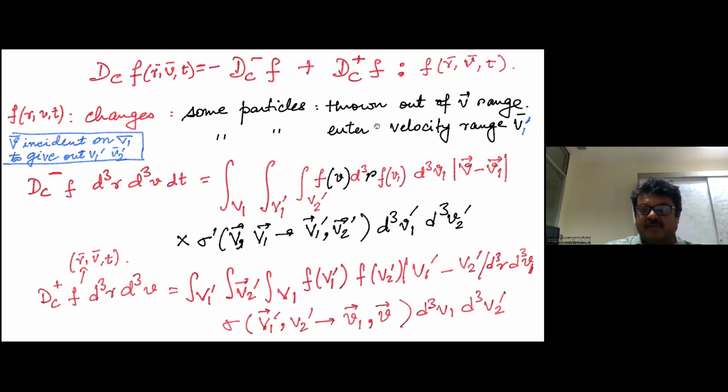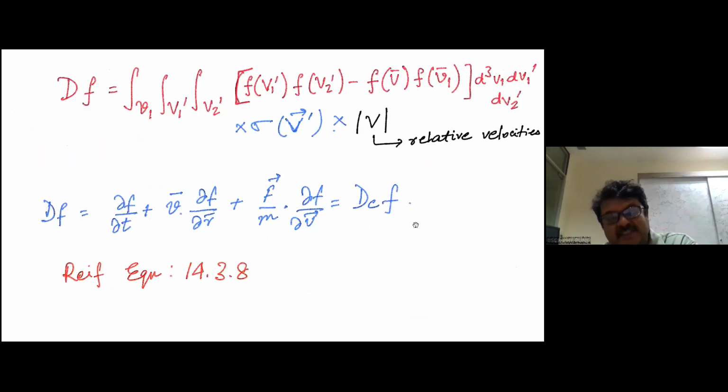So here basically particles with velocity v were incident on particles with velocity v1, and here v1 dash are being incident on v2 dash, but the relative velocities remain unchanged before and after the collision, right?